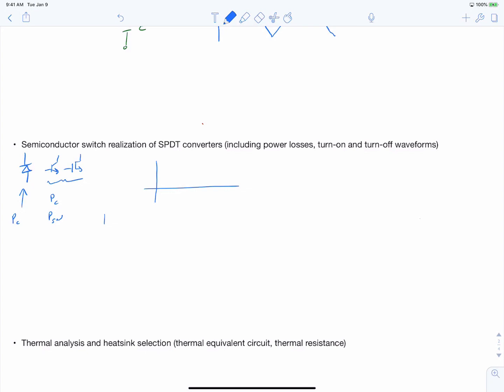So we define this for a single pole double throw realization with a positive pole current during both the turn-on event and the turn-off event.